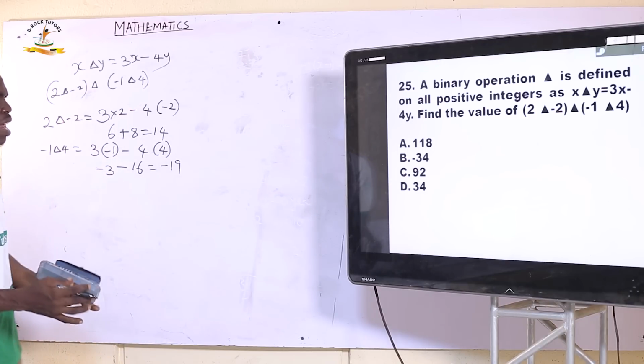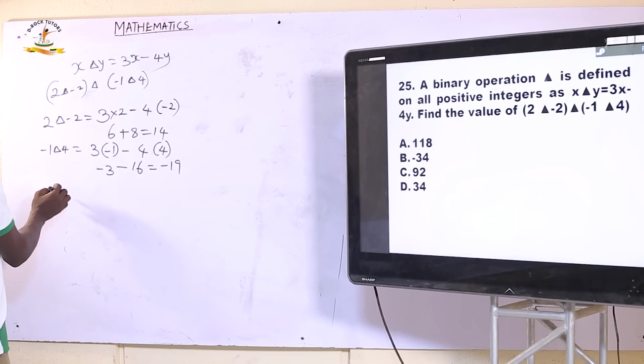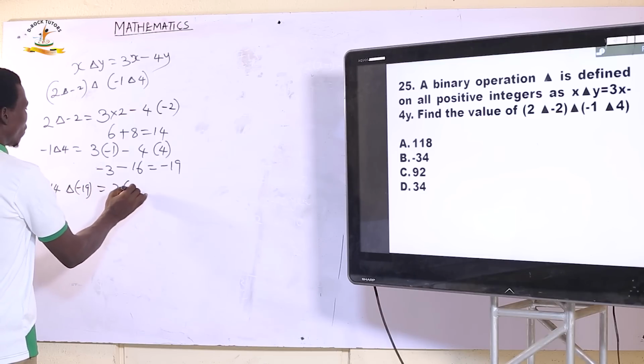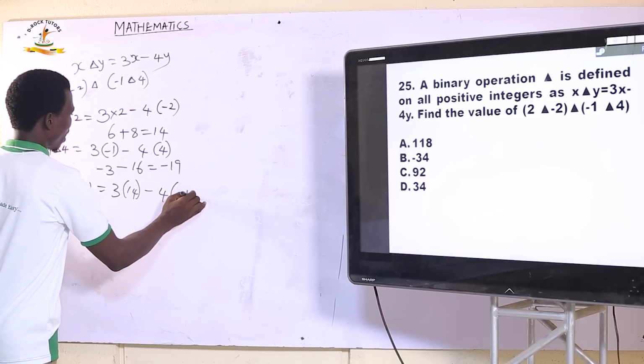When we combine them together, we operate them in a binary mode. So the operation is going to be 14 delta minus 19. And this is going to be 3 into 14 minus 4 into minus 19.